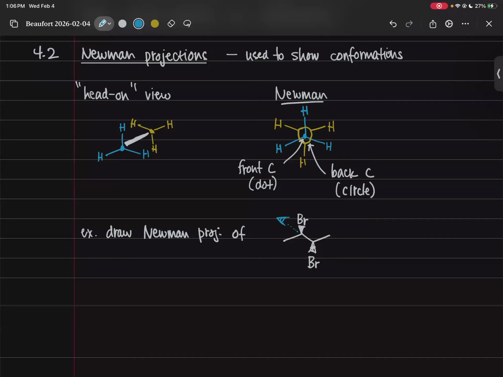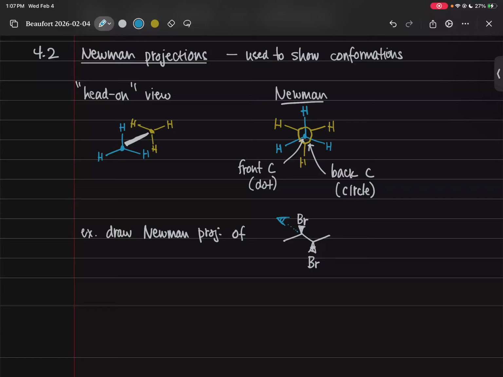The 4 carbons are all in the plane of the board. We have 2 bromines, and they're both coming toward us. I'm going to use these little red ones for the bromines, but use whatever you like. One of the bromines looks like it's going up and coming toward us, the one on the left carbon. The other one looks like it's going down and toward us, on the right carbon.